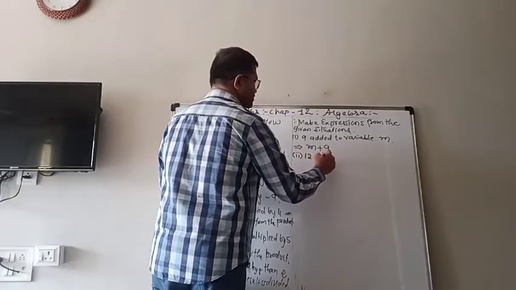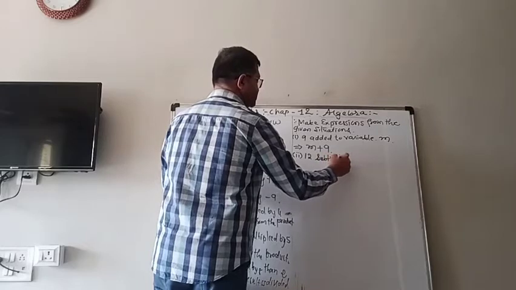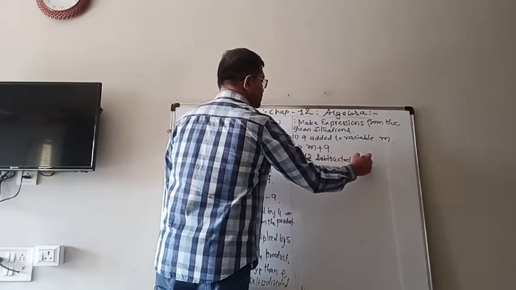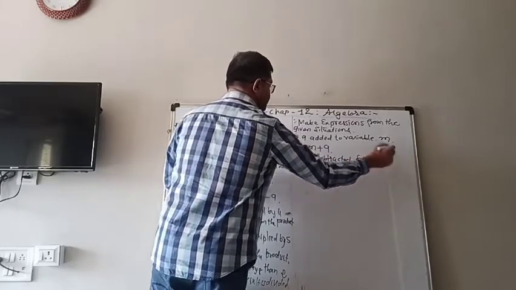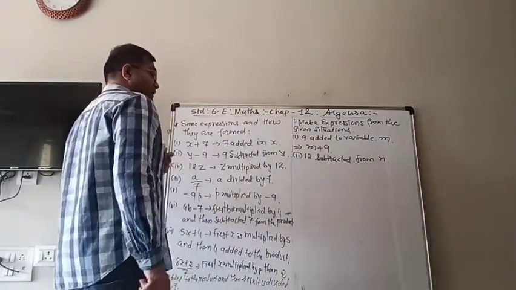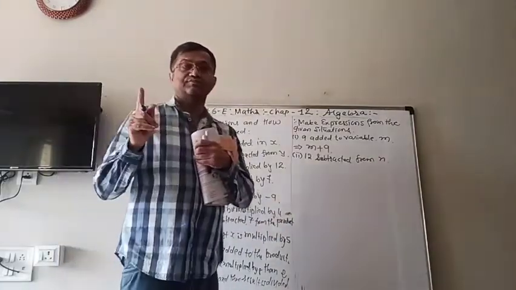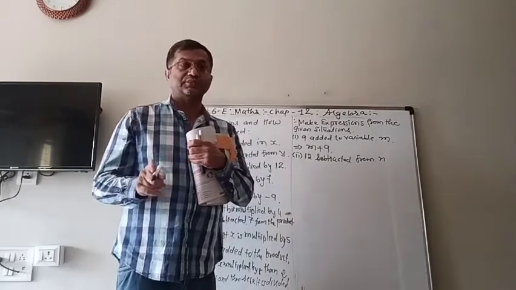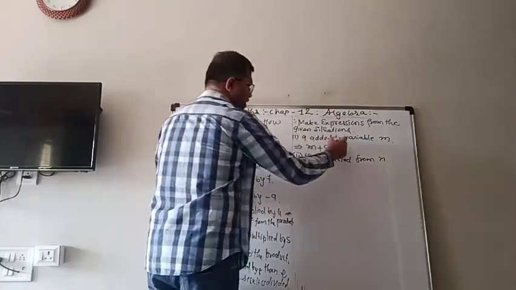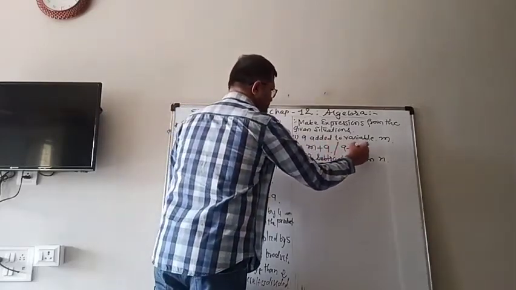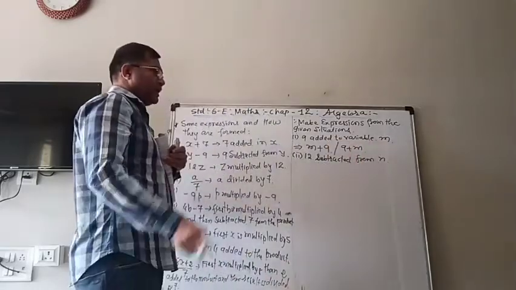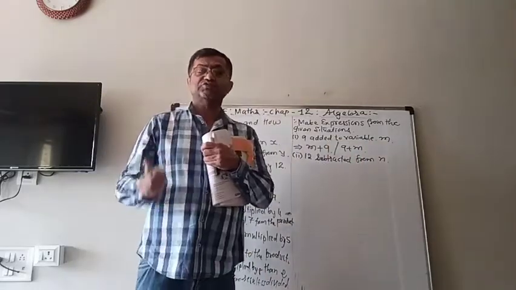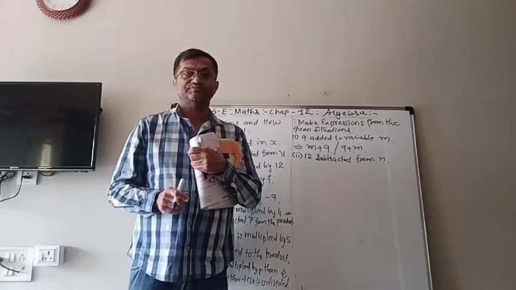12 subtracted from m. Now in subtraction you have to be very careful. In addition you can write m plus 9 or 9 plus m, not a problem. But in subtraction the order must be there.